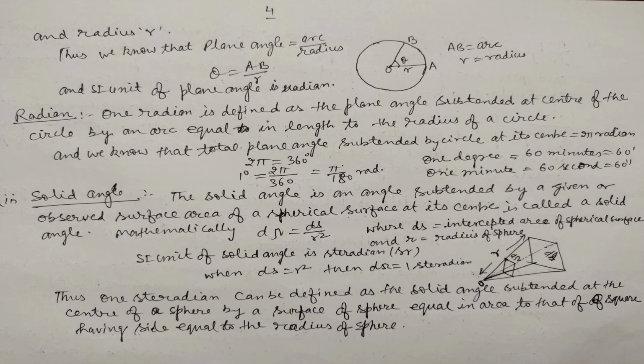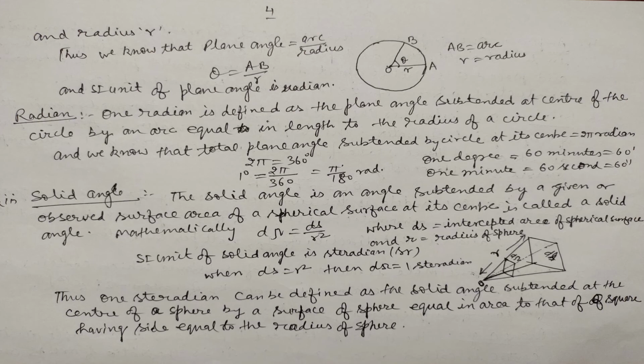Means 360 degree is equal to 2 pi radian. So 1 degree is equal to 2 pi upon 360, or we can say that 1 degree is equal to pi upon 180 radian. And 1 degree equal to 60 minute, and 1 minute equal to 60 second.